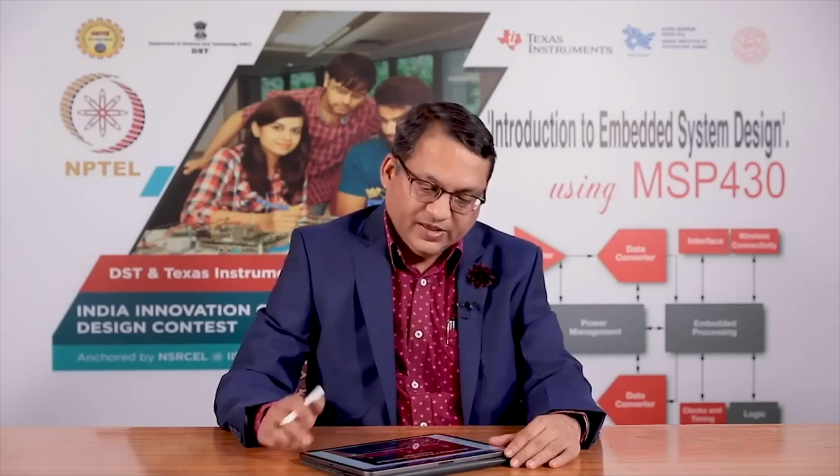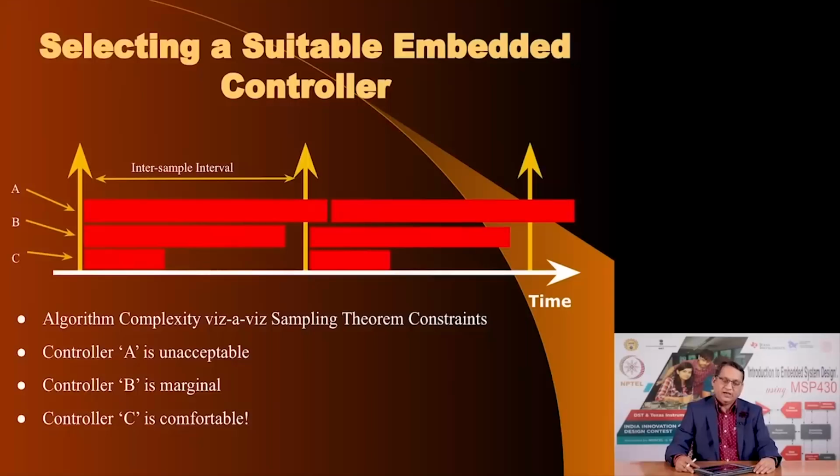On the other hand, if I want to look at an application such as the noise cancelling headphone, then the noise cancelling headphone has to sample external sound. The maximum frequency of the external sound is 20 kilohertz. We can't hear beyond that. So we must sample 20 kilohertz at an appropriate sampling frequency, and I have illustrated that here.